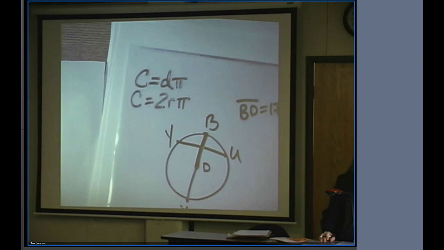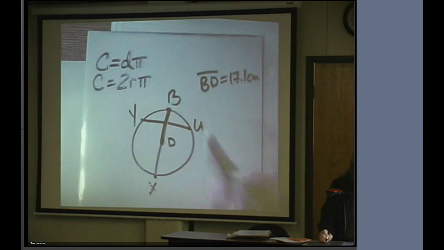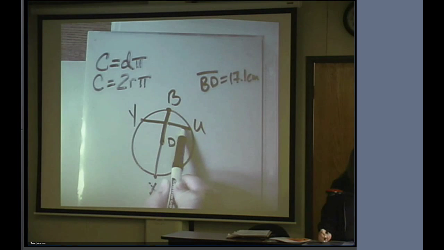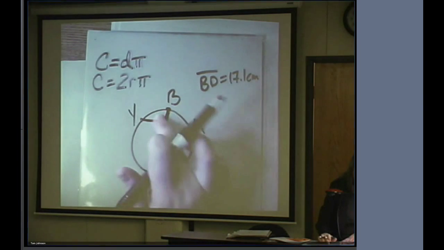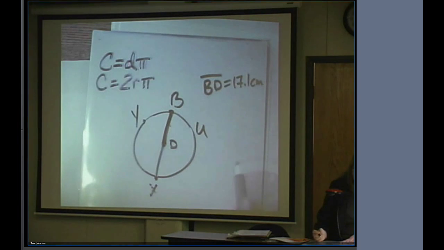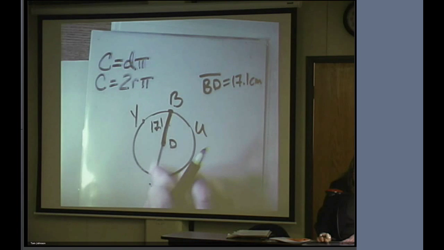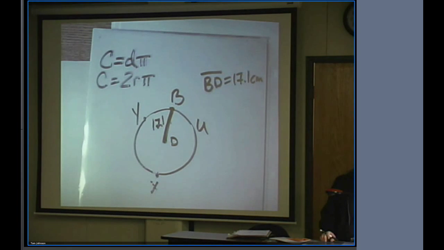So I either need the diameter or I need the radius. Is this going to be my diameter or radius, or help me at all? It's not. So I'm going to take off all this extra information that I don't need, and I'm just given the length of BD. Do I have enough information to solve this problem?